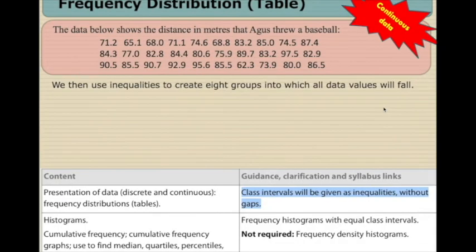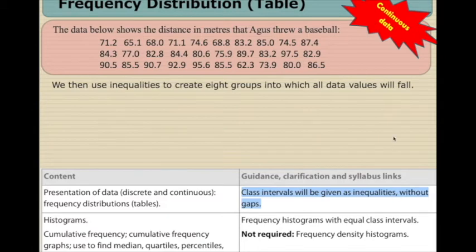Now let's present this set of data in a frequency table first. Please take note, this is taken from the subject guide, and it says class intervals will be given as inequalities without gaps.